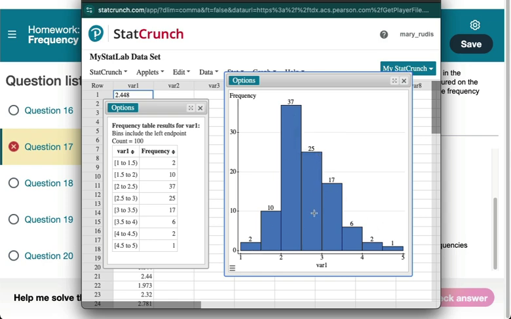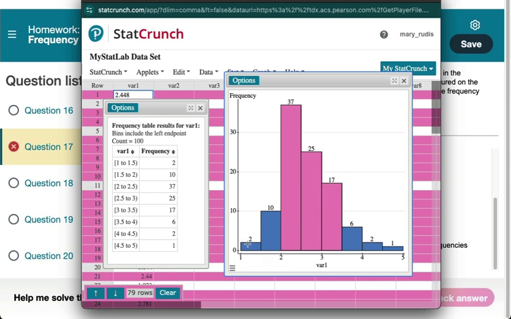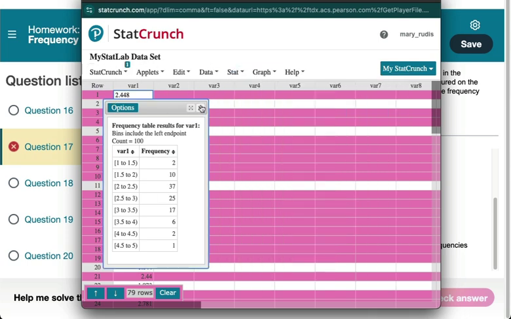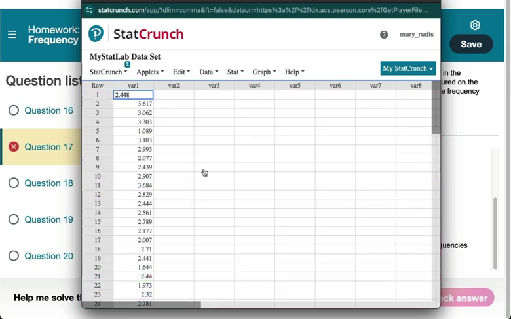All of our numbers are between 1 and 5, and I would expect that this rectangle right here should be the tallest, or it should be distributed between these two. These two should be our tallest two rectangles. And they're not. The tallest one is to the left of the middle, slightly to the left. So I think that there's skewness in this data. I could be wrong about that, but I'm going to clear all of our selections.